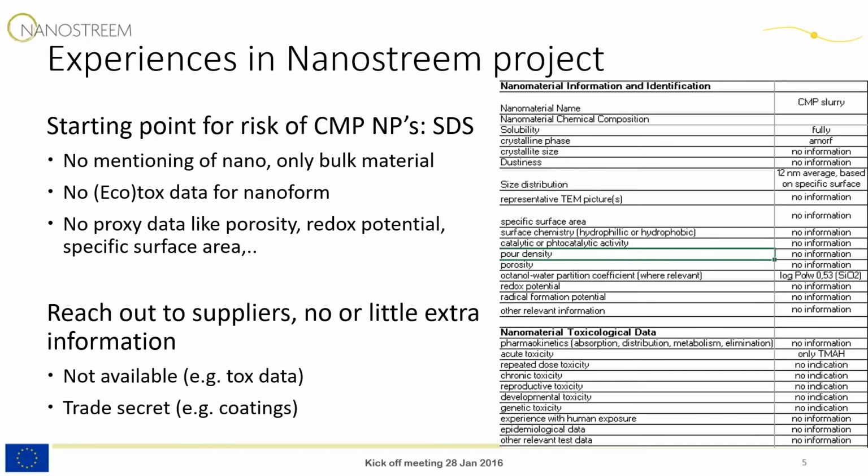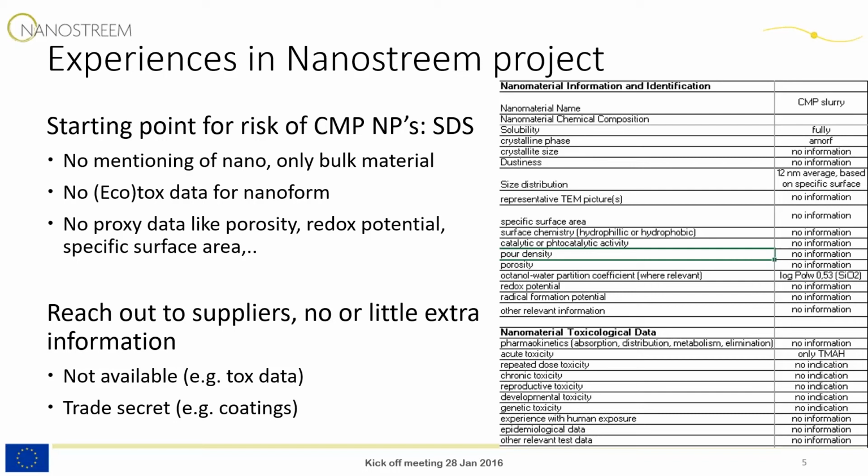What you see here on this slide is a part of the inventory with the information derived from the SDS and sometimes also the technical description. And you see that on most aspects there is just no information. And even where there is some information, it sometimes is only about the bulk material.